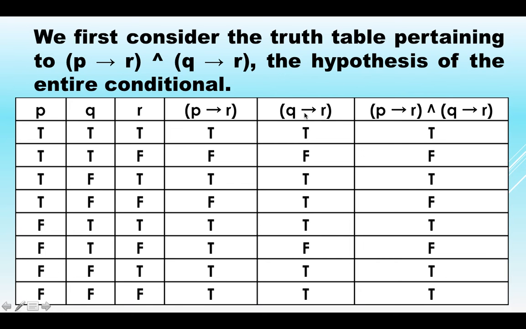For Q implies R, we take Q first, again TF equals F, and the rest is true. So we have true, true, true, true, F, false, FT true, again false, false, true, true, true, true, true, false, false, false, true, true, and false, false, true.